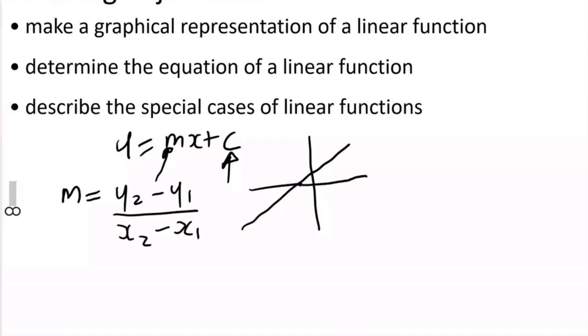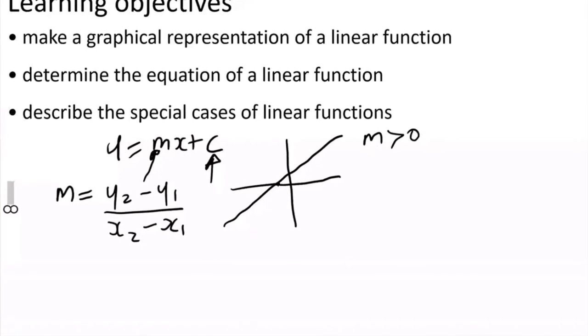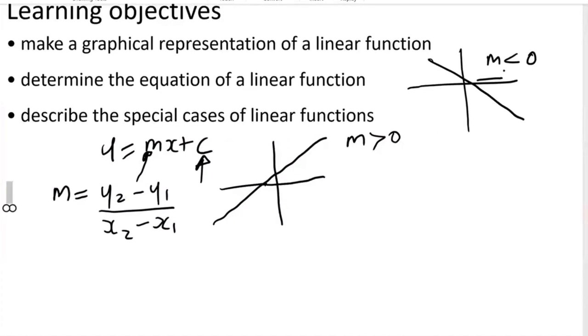Or if you've got a graph which is decreasing, you know that the value of your m is going to be negative. That's how we represent the gradient.